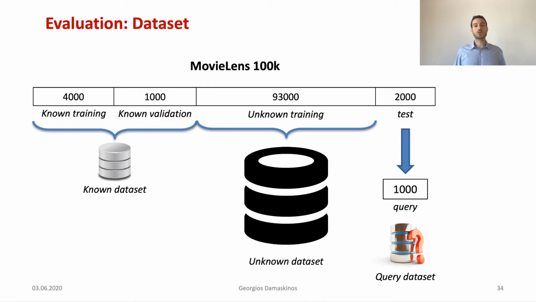For our dataset, we use the MovieLens dataset that we split chronologically. The first 5,000 ratings constitute our known dataset. The second and biggest part, 93,000 ratings, constitute our unknown dataset. And the final 2,000 ratings are our test set, from which we sample 1,000 for our query set.